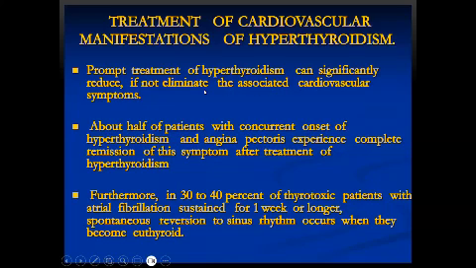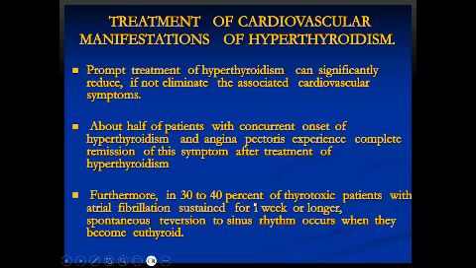Prompt treatment of hyperthyroidism can significantly reduce future cardiovascular disease and also the symptoms. Half of the patients have abrupt, concurrent onset of hyperthyroidism and angina pectoris. Complete resolution of symptoms is going to happen if you simply treat hyperthyroidism, rather than doing an angiogram and revascularizing the patient. 30 to 40% of thyrotoxic patients have atrial fibrillation.